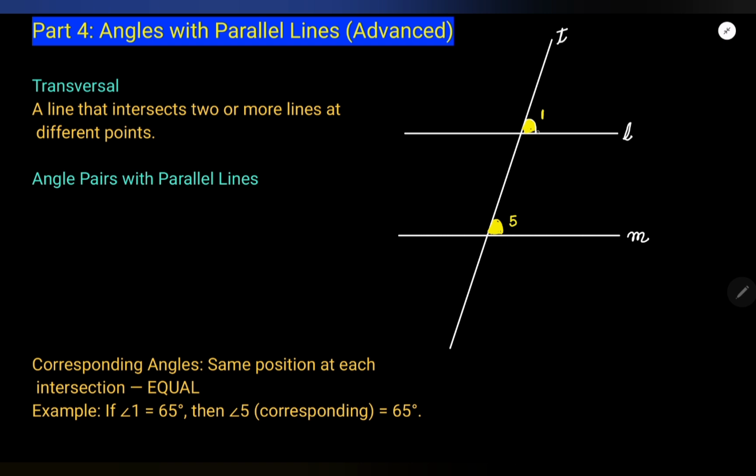Do you see that 1 and 5 have the same corresponding position? They are on the same position. They will always be equal. Suppose I say 1 is 65, then 5 is also what? 65. They are called corresponding angles. Angle 1 and angle 5 are known as corresponding angles.